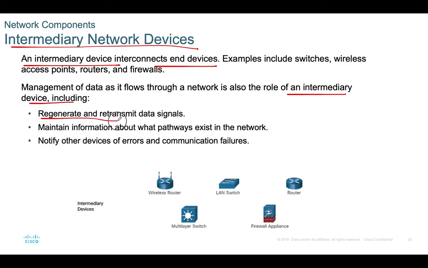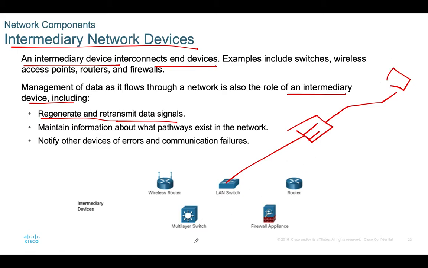Basically, it regenerates and retransmits data signals. So our intermediary device can also act as a repeater. For example, we have a LAN switch here, and you run a very long cable. You can put another switch here to regenerate the signal going to the other switch.